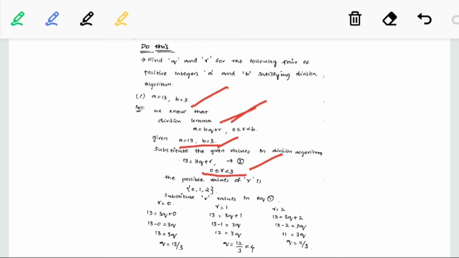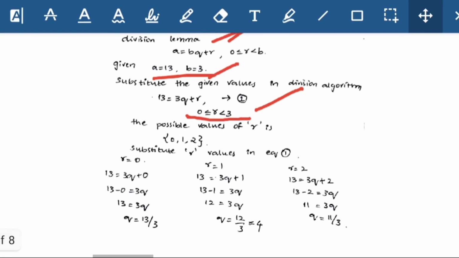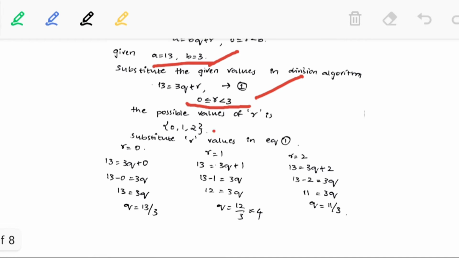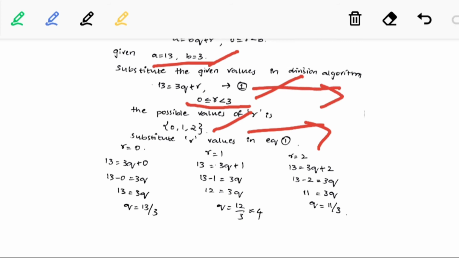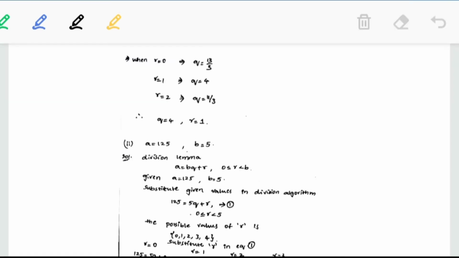From the hint, 0 less than or equal to R less than 3, we got the possible values of R, and we substituted these values of R in equation 1 and got the values of Q. For each individual value of R, we got a unique Q value, and from these Q and R values, we need to choose the one where Q and R both belong to the integers, according to the division lemma.